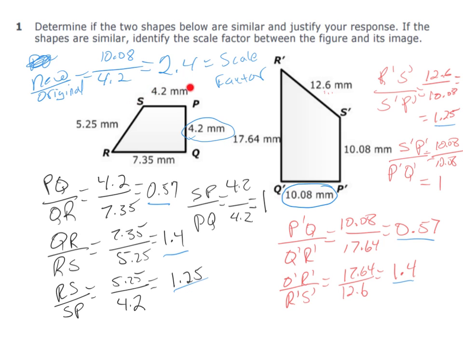I did it clockwise, started with SP, then PQ, then QR, then RS. And as I set my ratios up, I set my primes the same way since I started with SP. So I'll start here with S prime, P prime, go over there, and then take this one, and then this one to this one, and then this one to this one.